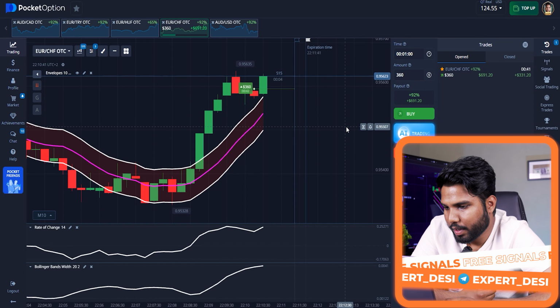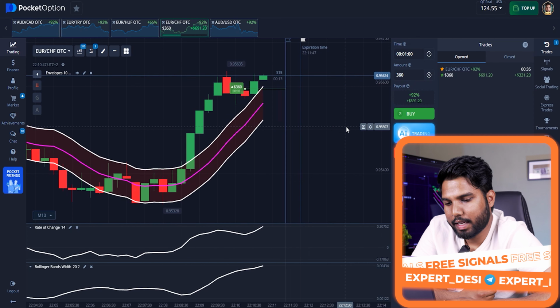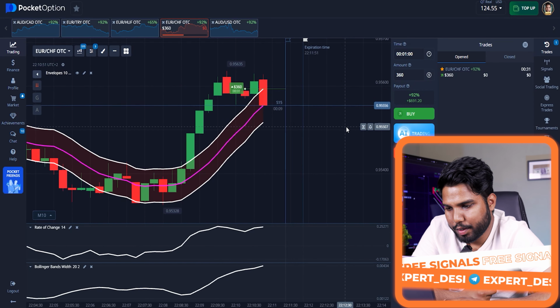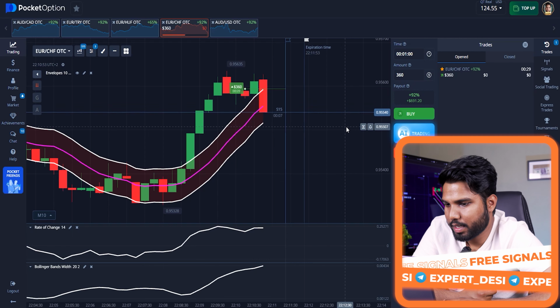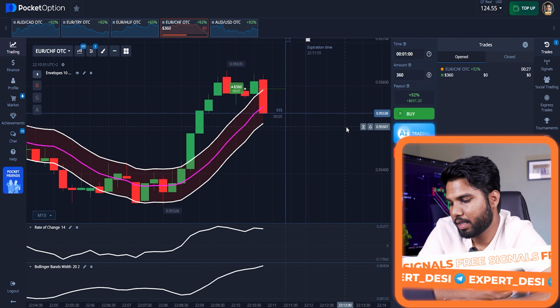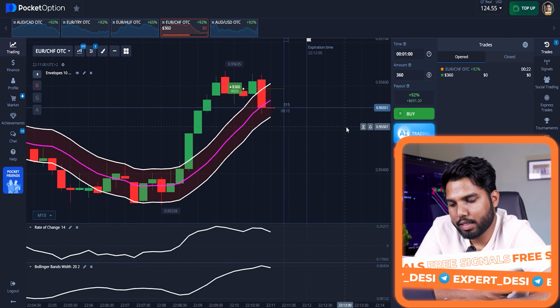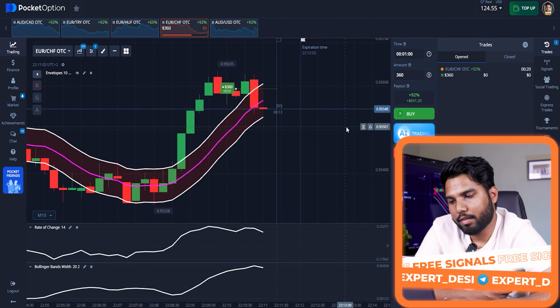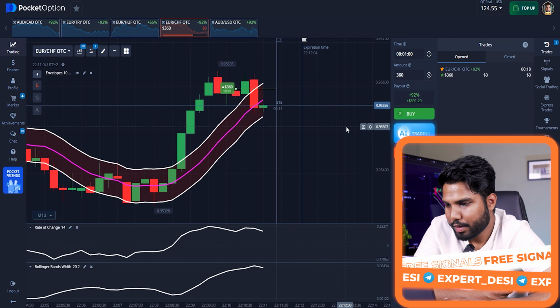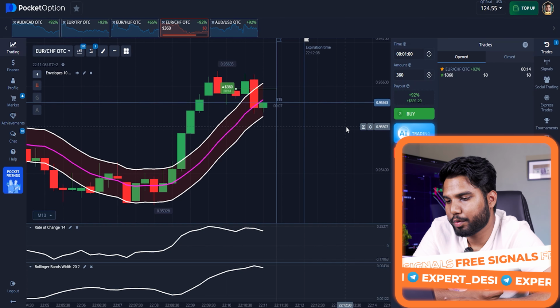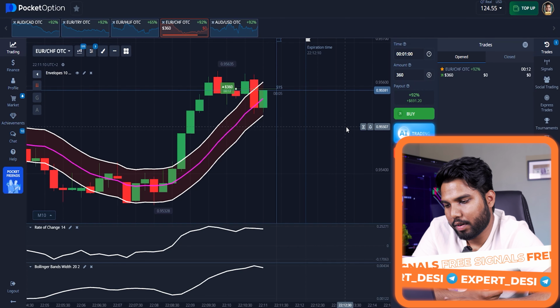So it shows that the market is strong, and if we see the rate of change, it's in positive value at an extreme point. So there is a chance of the market changing. And we can also see the volatility using the Bollinger Bands. We can see that the volatility of the market is also high. So in such a case, we can just go with the market flow, which is going upwards.